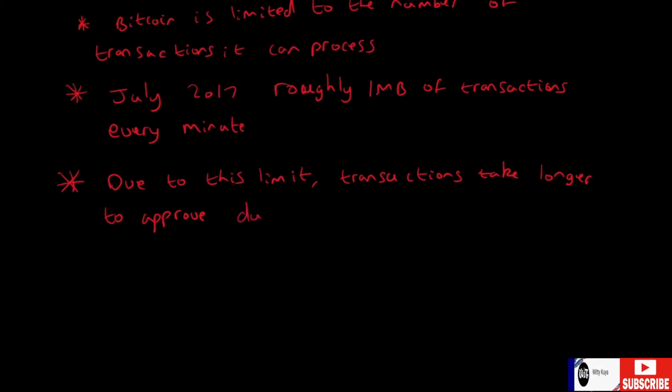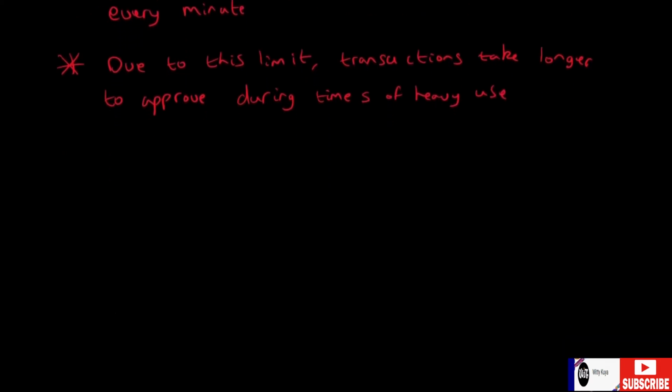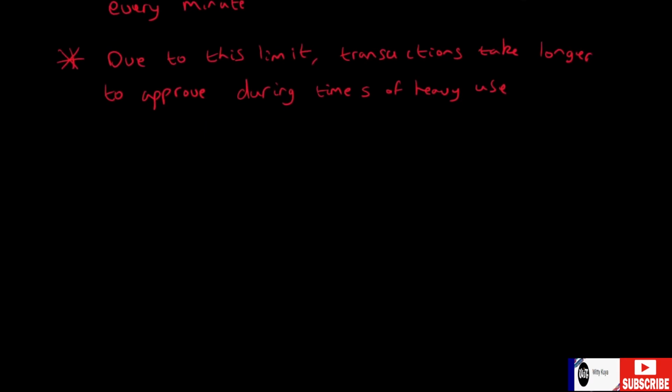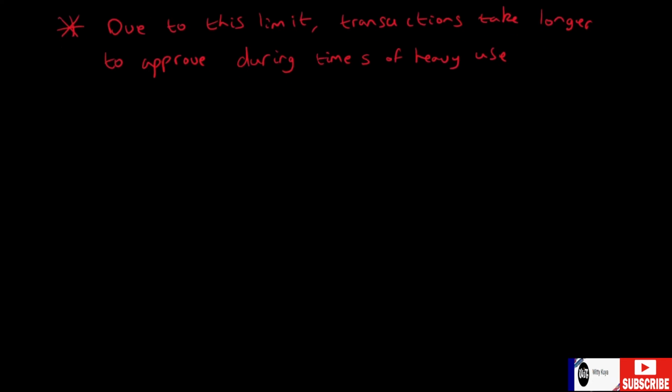And this is during times of heavy use, and a user doesn't want to have to wait just because there's a bit more traffic going on, let's say at a certain time of the day, a certain time of the week. They just want to know that you'll get there and you'll be fast. So users don't care about this. So they're not going to be understanding.